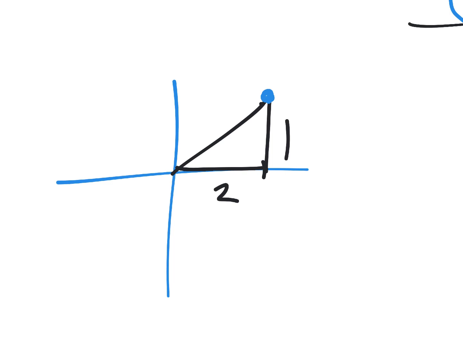But the problem with this one would be you wouldn't know the angle, because it's not the 1, 2, square root of 3. That's not a thing. The biggest side has to be here, right? So this would actually be the square root of 2 squared plus 1 squared, which would be 4 plus 1, square root of 5. Okay, so we wouldn't probably give you that one because you wouldn't know the angle on the 1, 2, square root of 5 triangle.